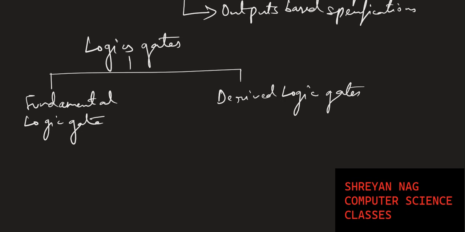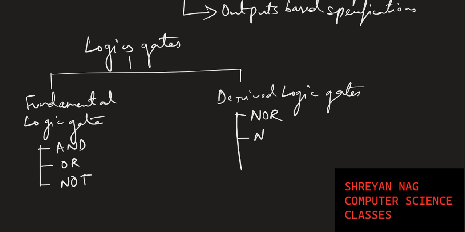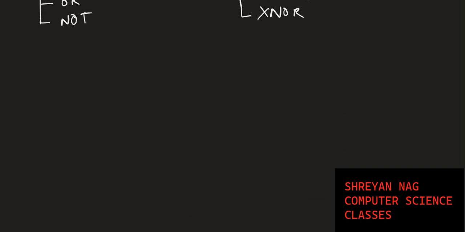Under fundamental logic gates, there are AND, OR, and NOT gates, and under derived gates are NOR, NAND, XOR, which is also known as exclusive OR, and XNOR. We will first cover the fundamental logic gates.